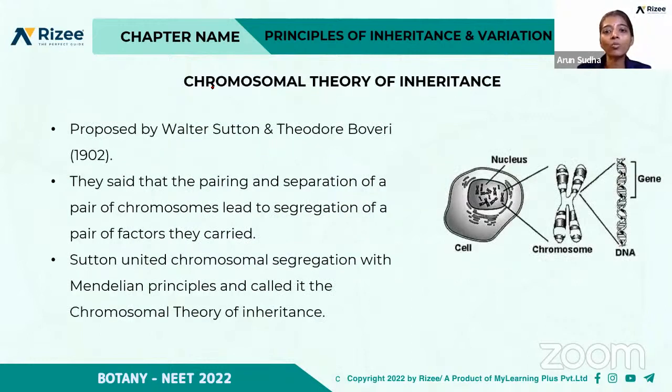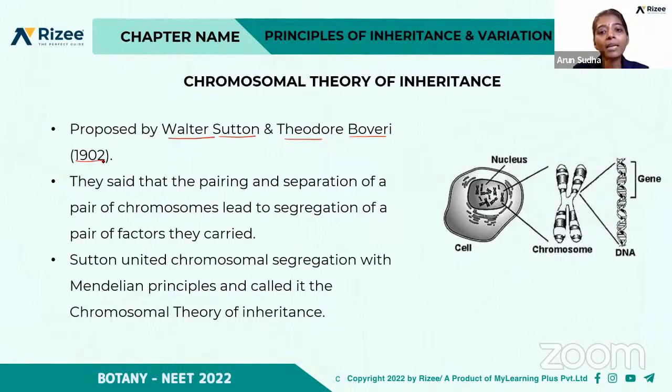So next, the chromosomal theory of inheritance was proposed by Walter Sutton and Theodore Boveri in 1902. What they proposed during this time, due to the advancement in the discovery of the microscope, is that they were also able to observe the features present in the nucleus and about cell division.